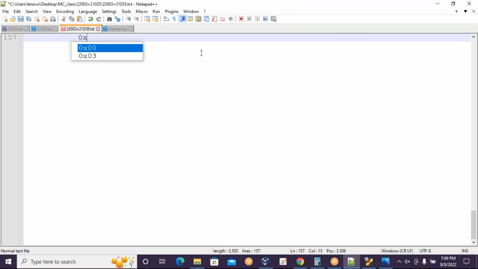For example, let's say I want to transmit some data like 0xAA. Let's say I want to transmit this. So what I'm going to do is go with the buffer register and write the data into the buffer register.